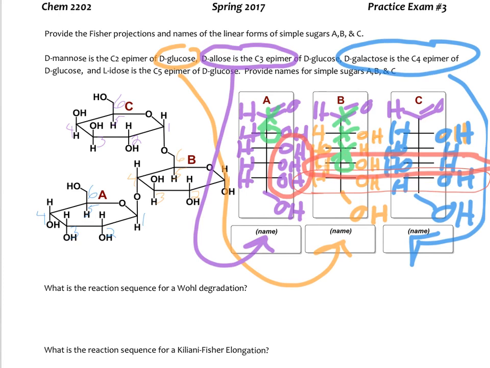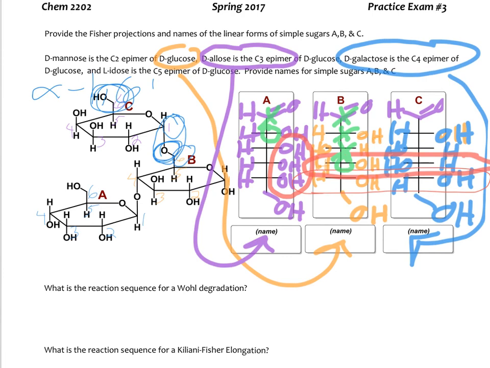Here we have a glycosidic linkage, and we see this is a C1 bound to a C6. We also know that this OH here is down compared to the C2 OH up there, which is up. So this is trans, so this is going to be an alpha 1,6' glycosidic linkage.